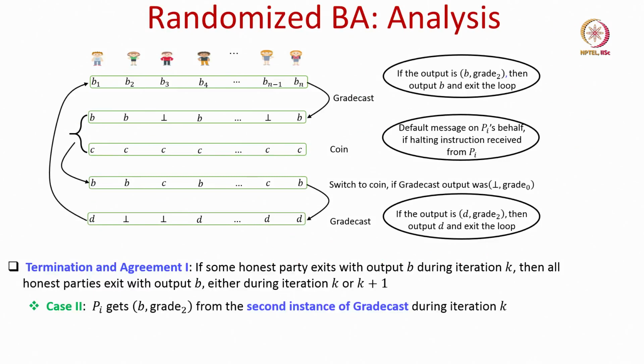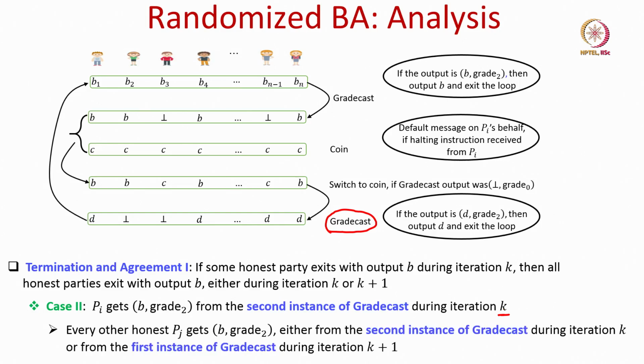Okay. Now, there is a second possibility that the party Pi has actually exited the loop after the second invocation of Gradecast during iteration k. In this case, what we can conclude is that every other honest party Pj who decides to go to the k plus 1th iteration would also obtain the output B with grade 2.